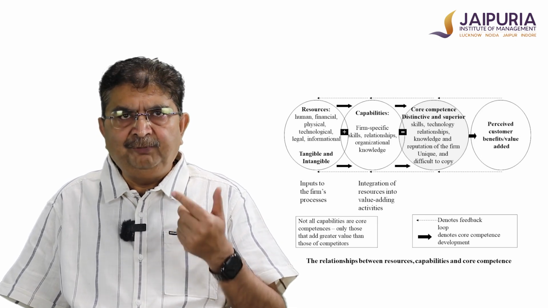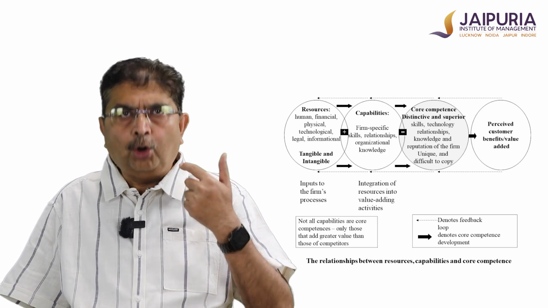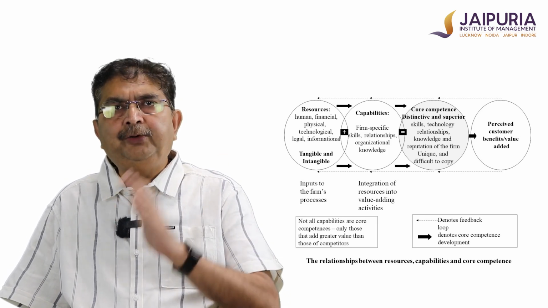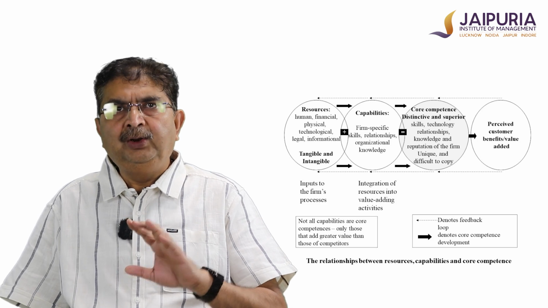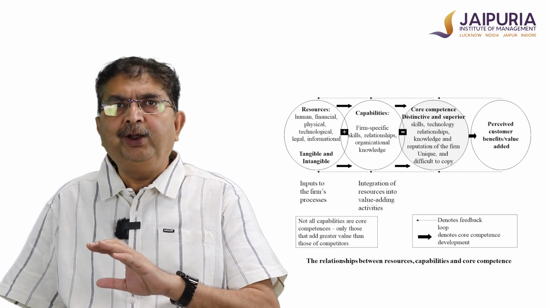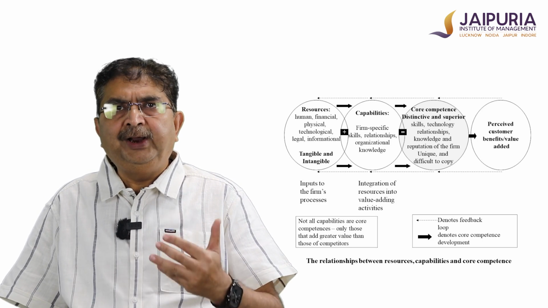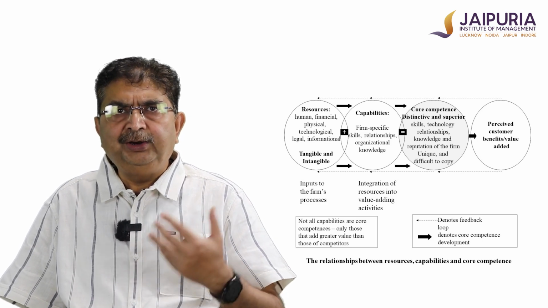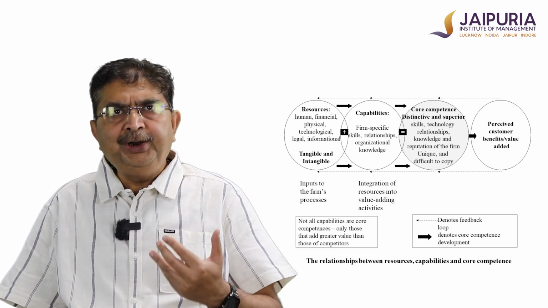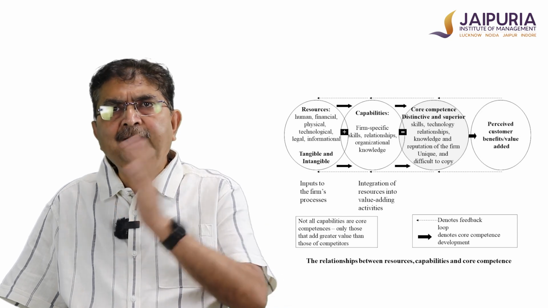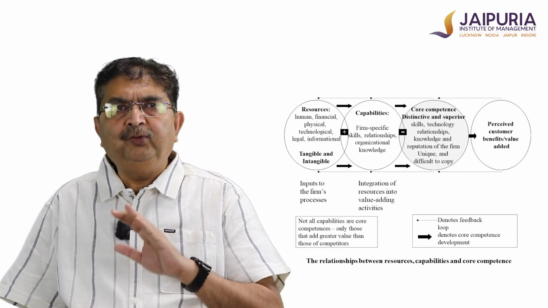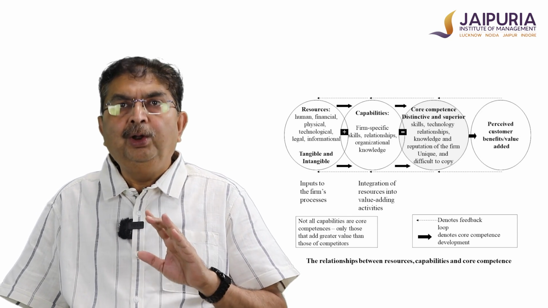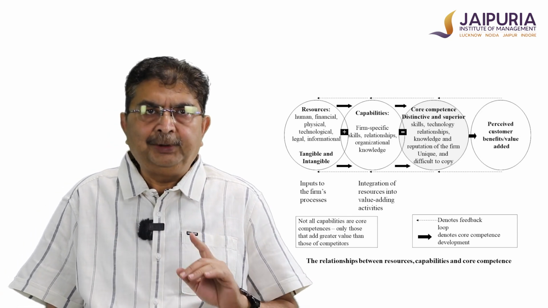Capabilities are firm-specific skills, relationships, organizational knowledge. Now this gets translated into a core competence, that may be a distinctive or superior competence of the organization: skills, technology, relationship, knowledge, and reputation of the firm, unique and difficult to copy. And finally, they must translate into a perceived customer benefit or a value addition for the customer.